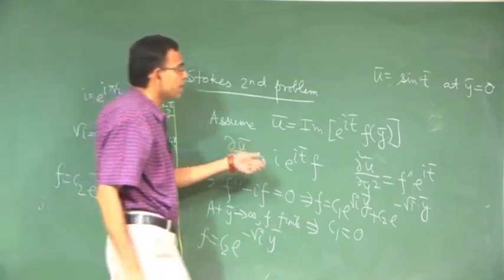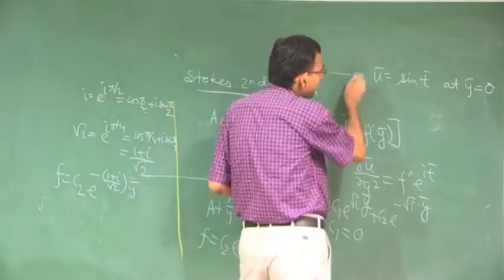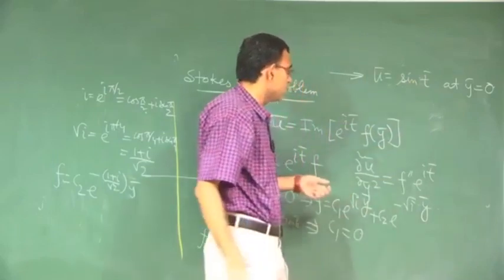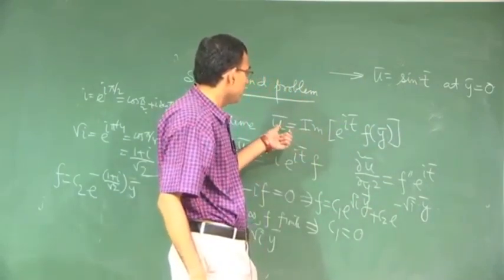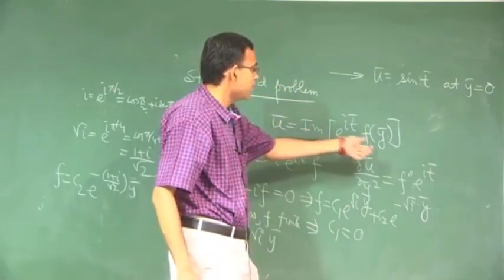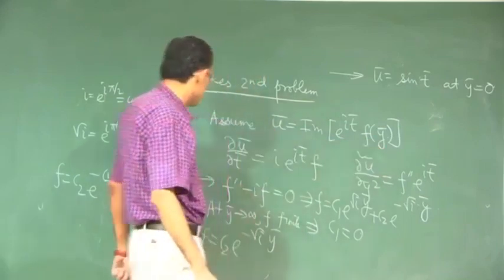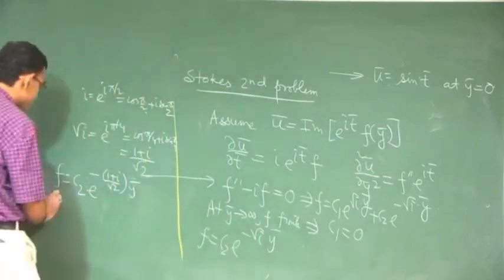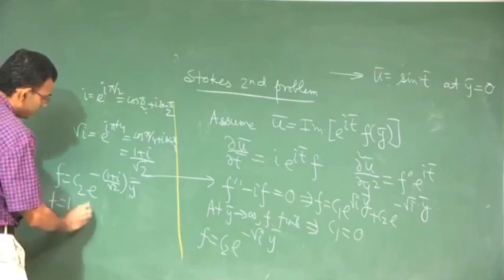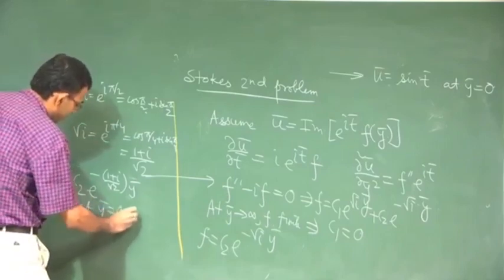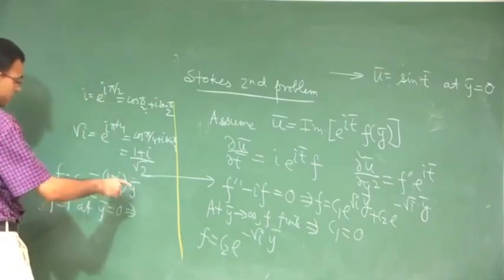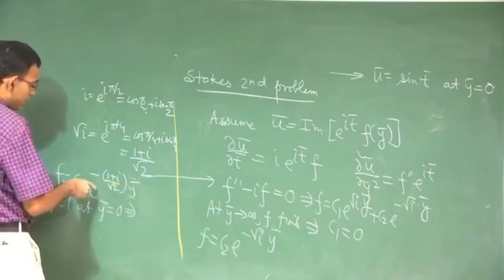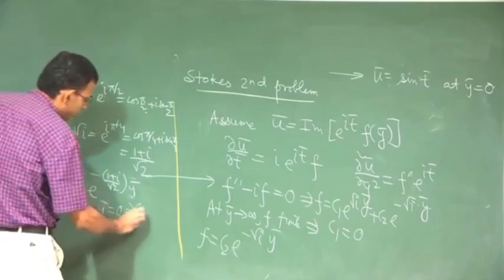Straightforward. This boundary condition is valid at y equal to 0. So, at y is equal to 0, you must have f is equal to 1. So, f is equal to 1 at y is equal to 0, that means at y is equal to 0 this is 0, that means C2 is equal to 1.